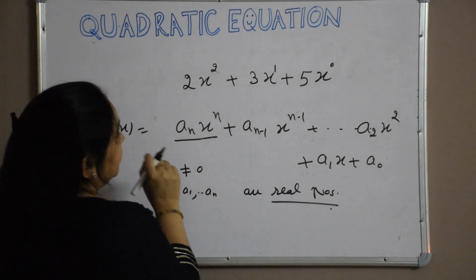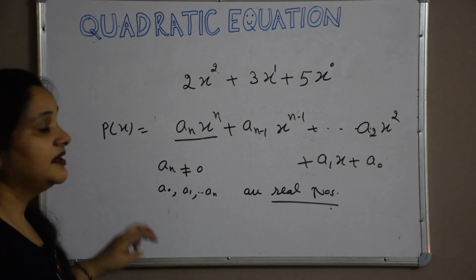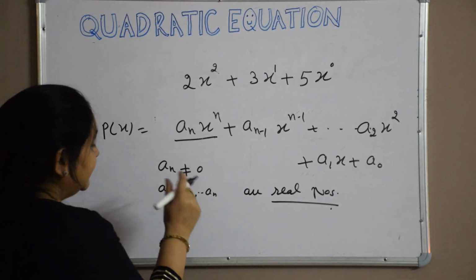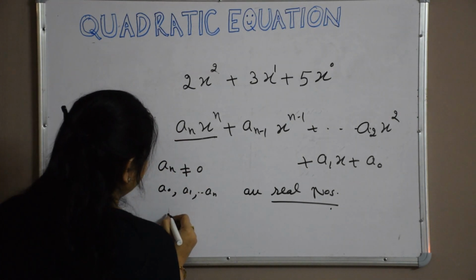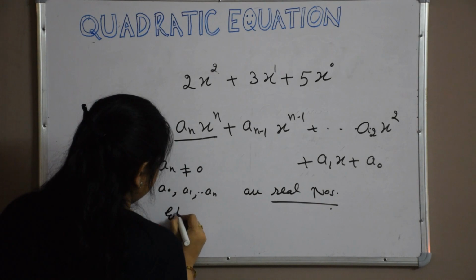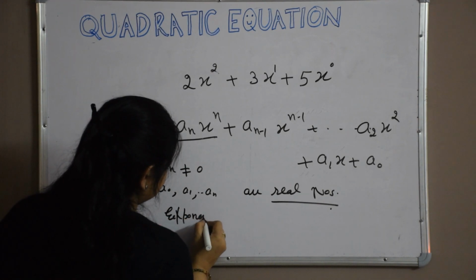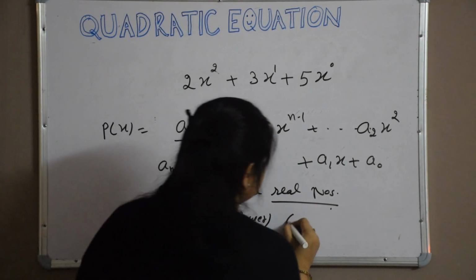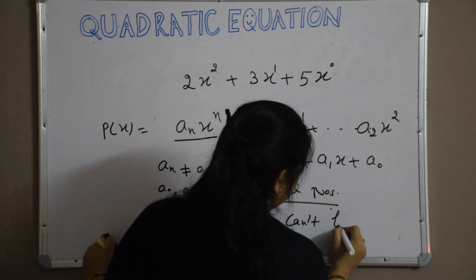Now the main thing: there is one condition for saying an expression is a polynomial, that the exponents, meaning powers, can't be negative.